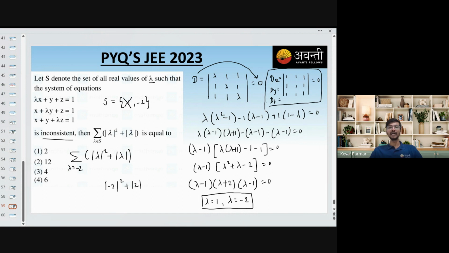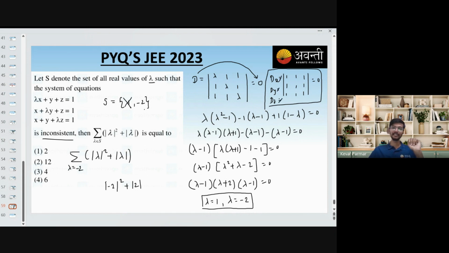All of them are 0. And if all of them are 0, that means the equation has infinite solutions. That means the equation is consistent. But we want inconsistent equations. That means D should be 0, but Dx, Dy, Dz should not be equal to 0.